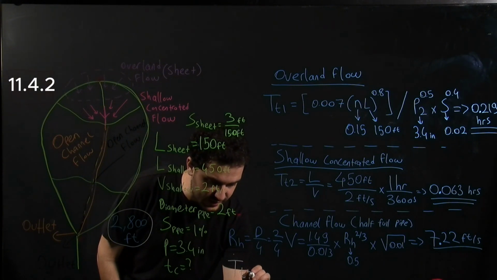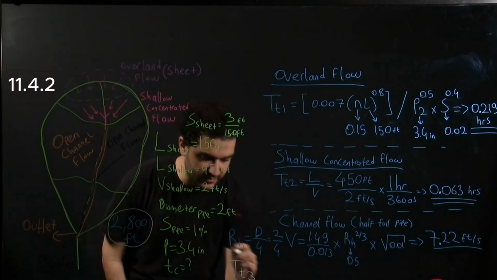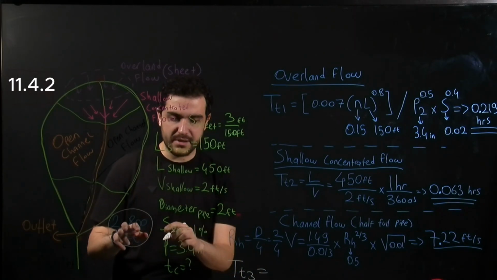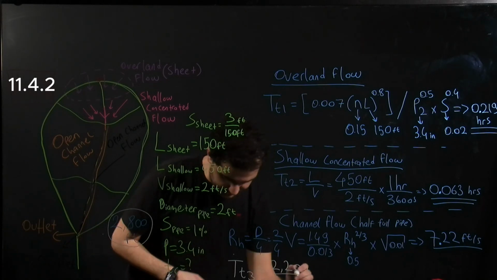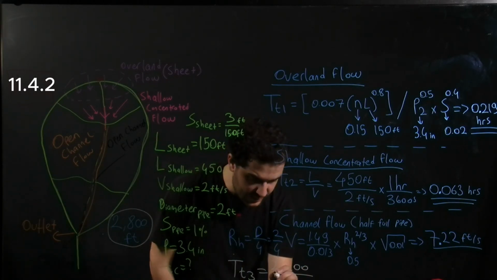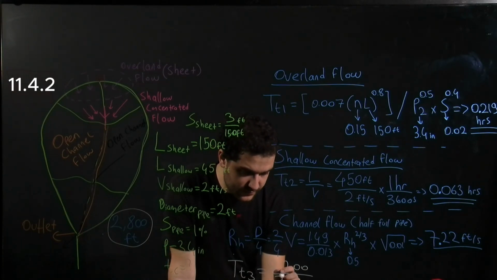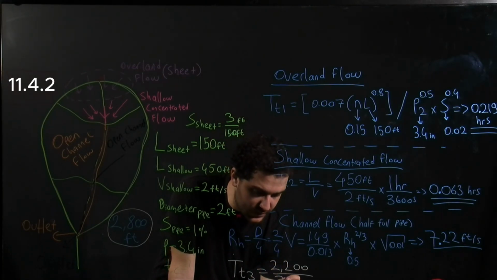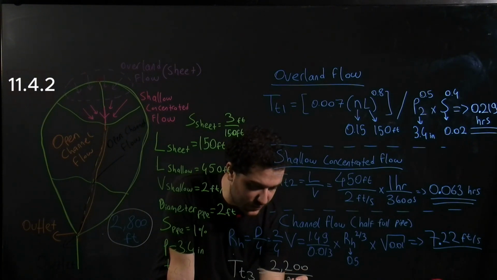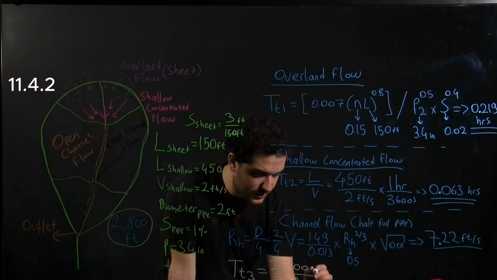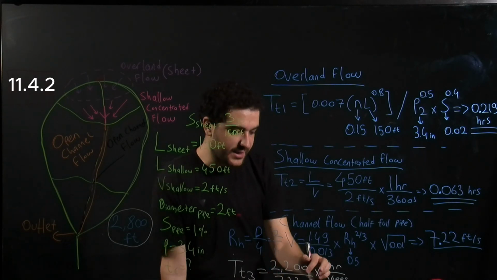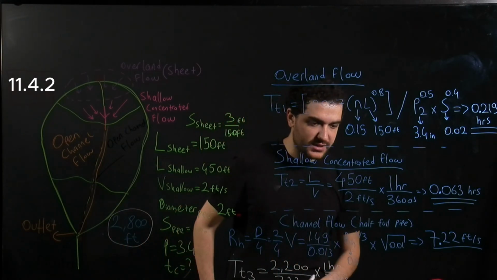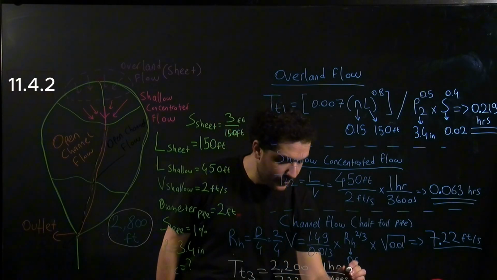So let me write travel time for open channel flow. The length will be the remaining part, which is 2,200 feet. We have 7.22, and again, we have 1 hour over 3,600 seconds.